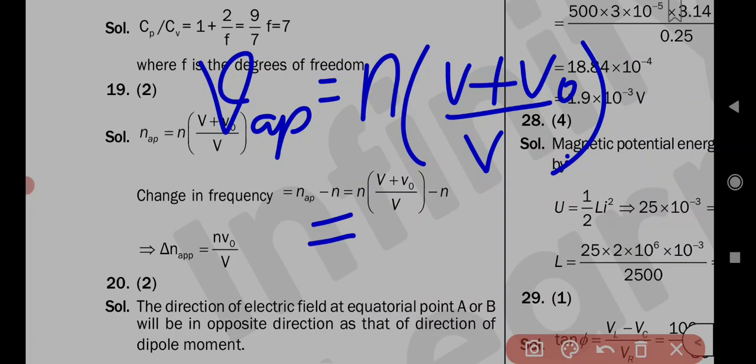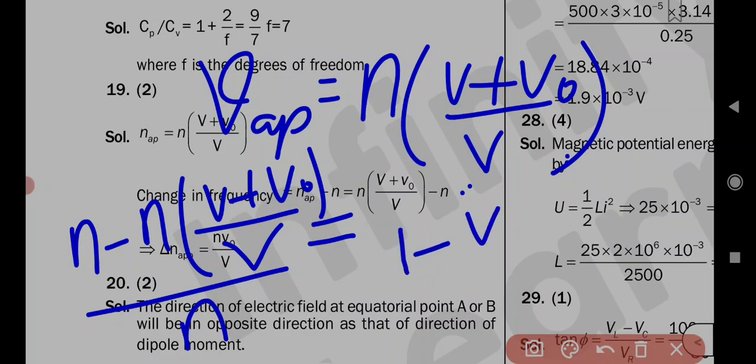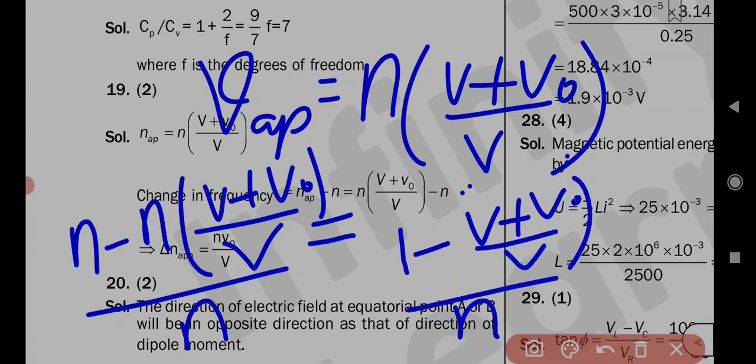So they are asking for the change in the frequency. Change is initial minus final. This is the final, right? v plus v naught by v, times n. So can I write it this way? 1 minus v plus v naught by v, into n. Yes, isn't it?